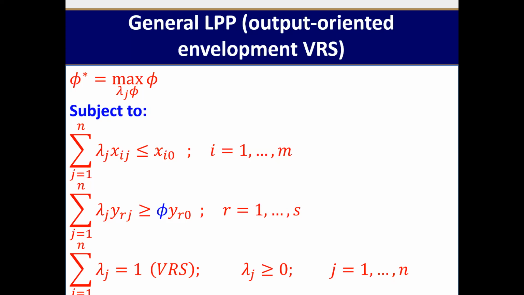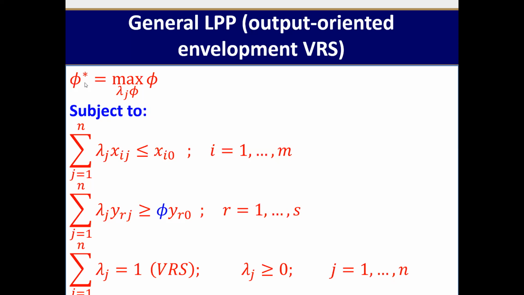Please come again. How is that different from the CRS? The objective function, the phi that we see here, stands for the technical efficiency when we are dealing with output orientation.